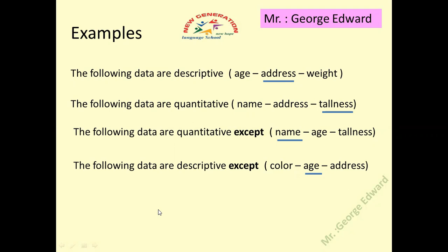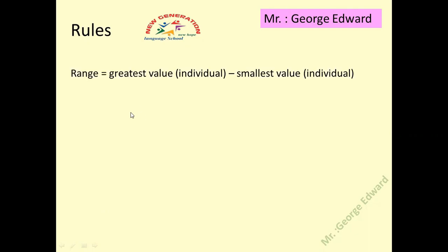Another example, there are some rules. The first rule is range equals greatest value minus smallest value. Second rule is number of sets equals range divided by length of the set.